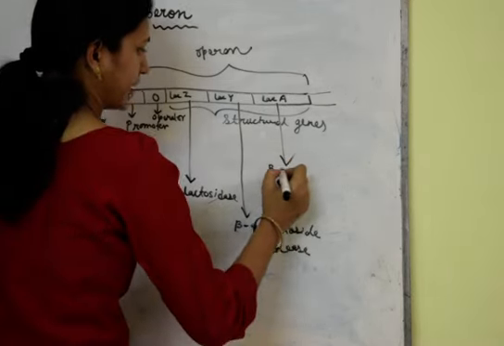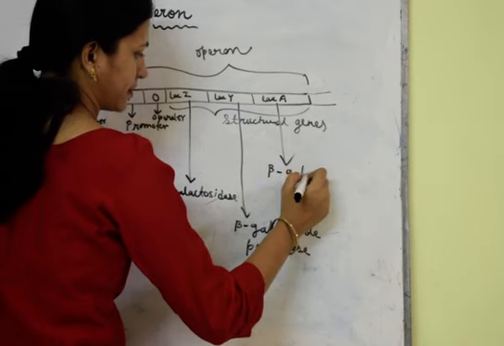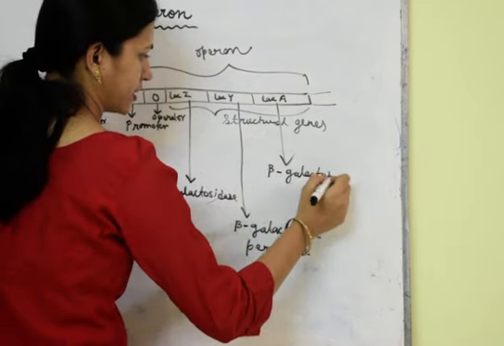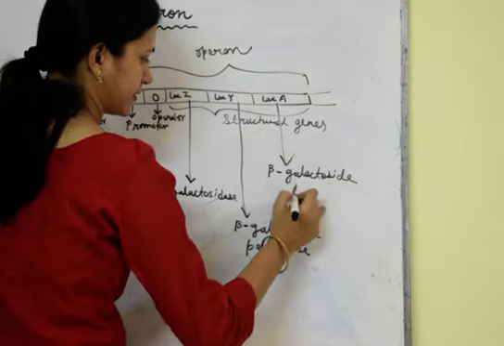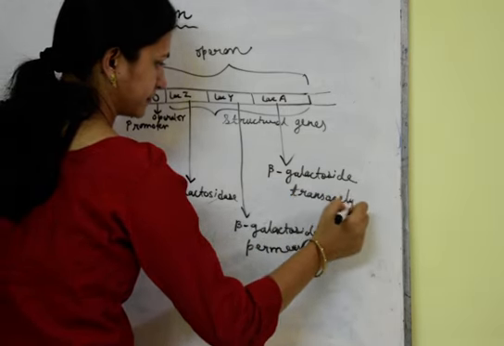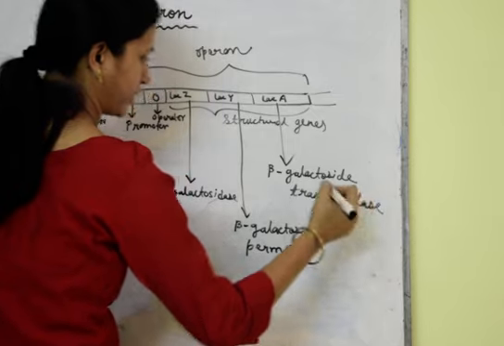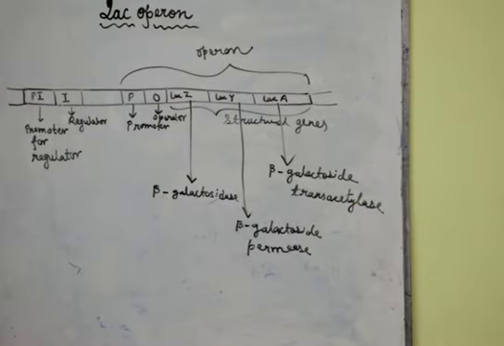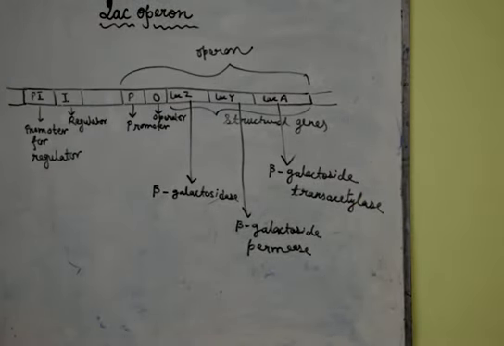And this LAC-A, beta galactoside transacetylase. Okay. So these are the enzymes encoded by these three genes.